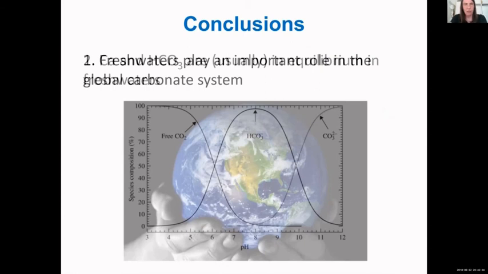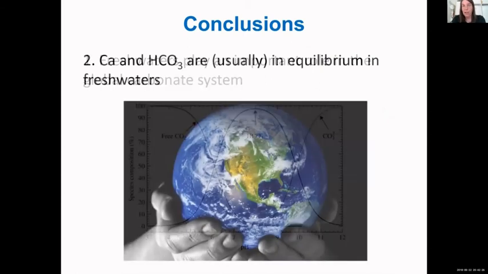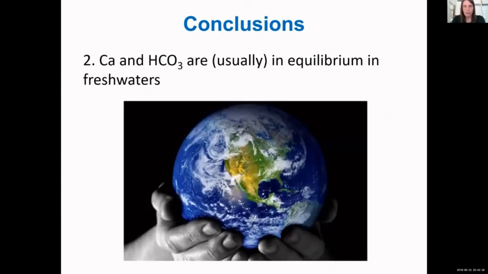So the second conclusion is then that calcium and bicarbonate are usually in equilibrium in freshwaters, which is also quite unique to show, because no one else has shown this before. The freshwaters are ignored in the Earth system models, but this is a typical example that they need to be included in the Earth system models, because they are much more important than we thought.